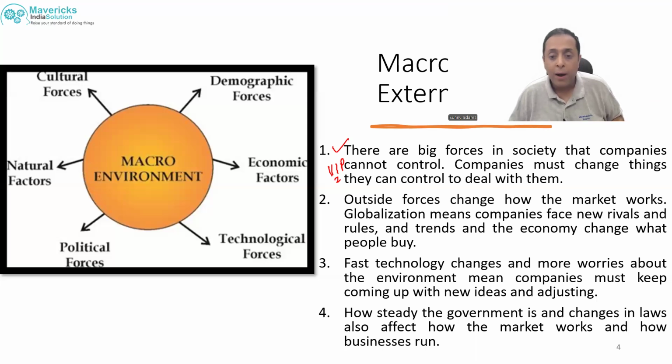Third point, fast technology changes and more worries about the environment means companies must keep coming up with new ideas and adjustments. अब बच्चों जो technology है, you would have seen it is changing rapidly.